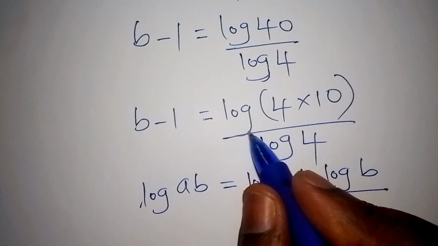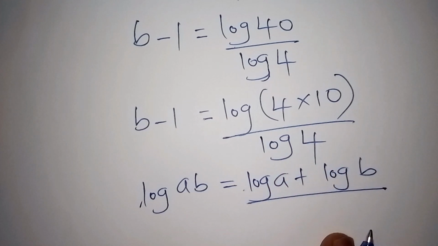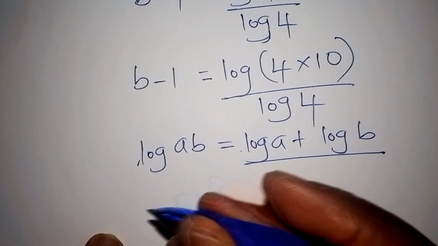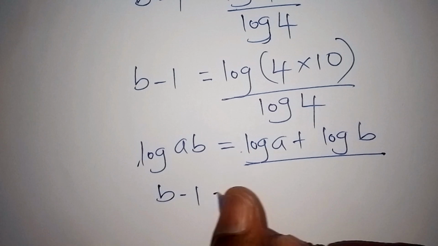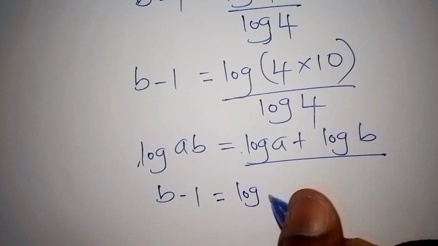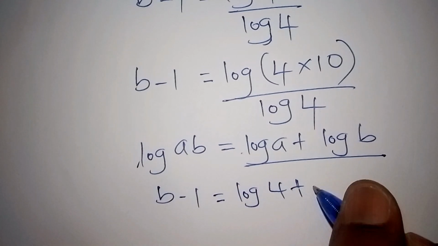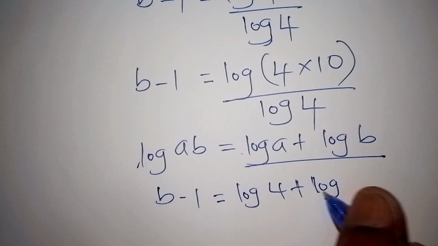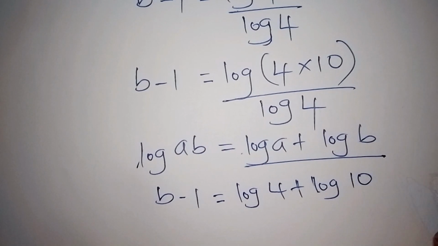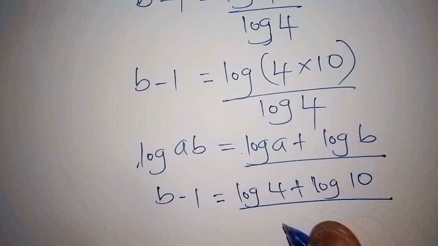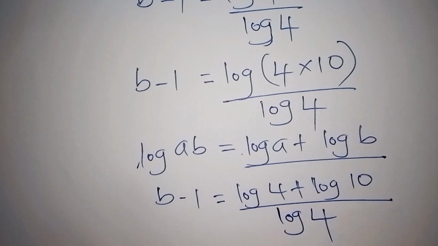So the log of 4 multiplied by 10 changes, and now b minus 1 is equal to the log of 4 plus the log of 10, all over the log of 4.